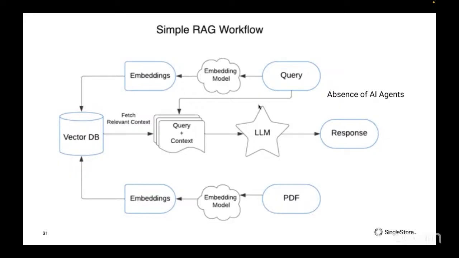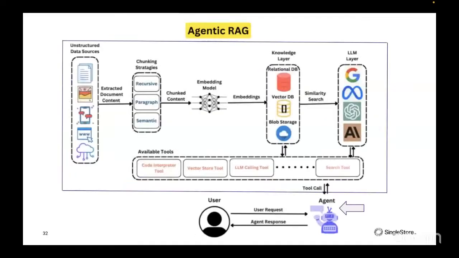One thing you can observe here is it's very simple and there are no AI agents involved. But researchers thought, what if we involve AI agents here, right? So this is how it became. We started calling it agentic RAG. Why agentic? Because as you can see, there is an AI agent involved here. The user query comes in, and there is an agent which can do more than just the normal RAG.